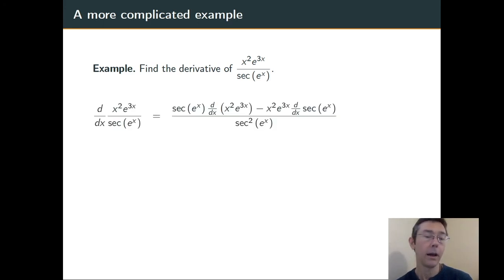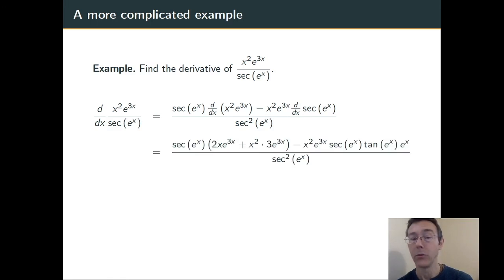So first let's apply the quotient rule. I do the bottom times the derivative of the top minus the top times the derivative of the bottom all over the bottom squared. Now I need to carry out those two derivatives. So in the first case, the derivative of x squared e to the 3x, doing a product rule, 2x e to the 3x plus x squared times 3e to the 3x.